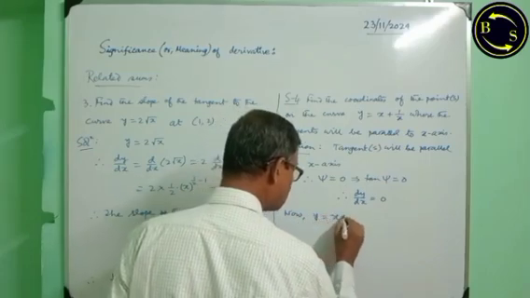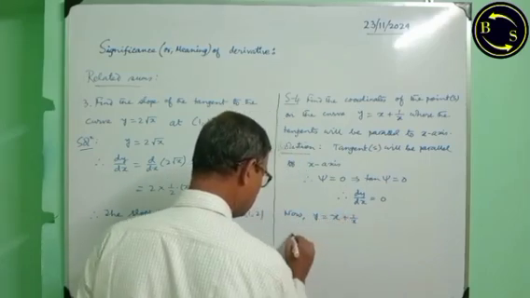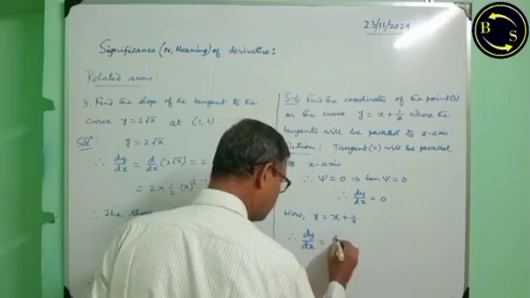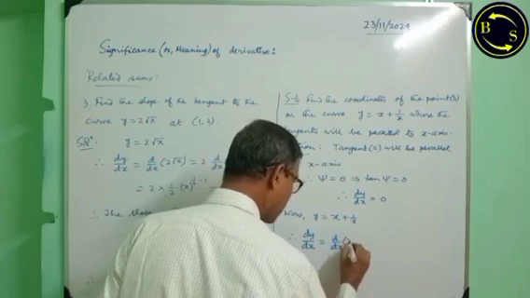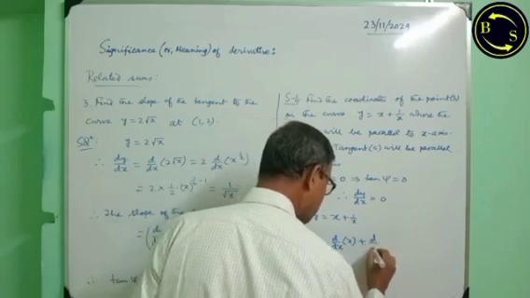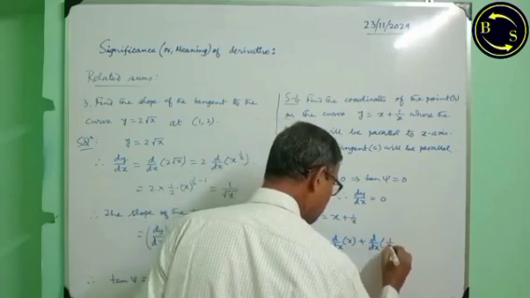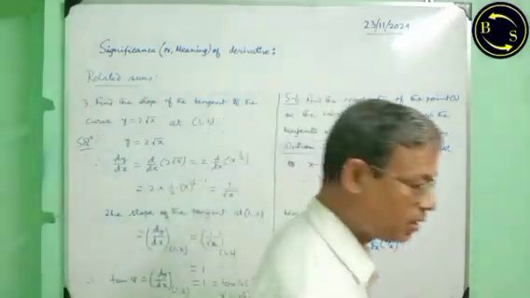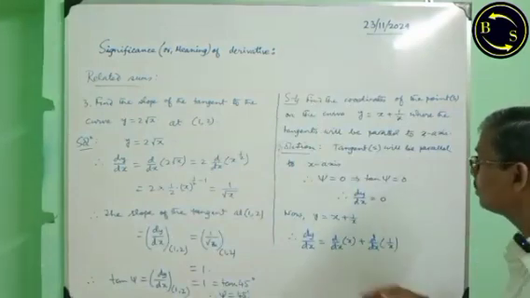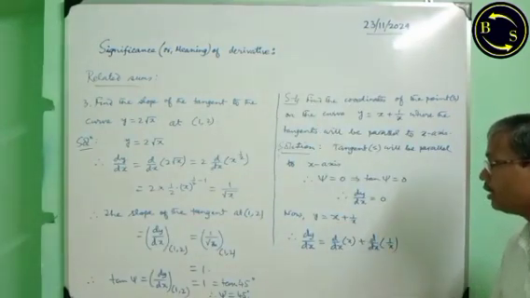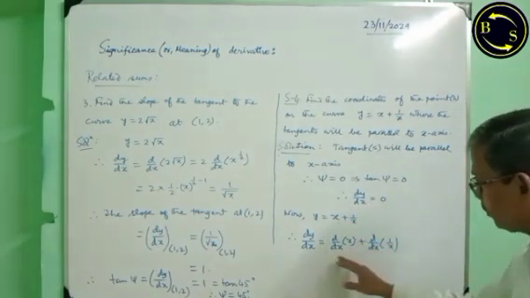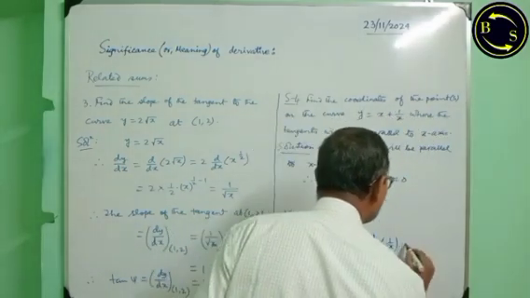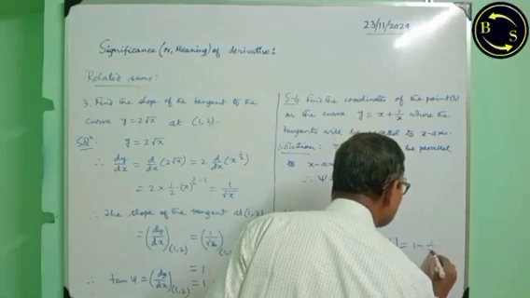Now, y is equal to x plus 1 by x. Therefore, dy/dx is equal to d/dx of x plus d/dx of 1 by x. We can skip the steps like this. I have not written d/dx of whole. I have applied this one. Next step, that is 1 minus 1 by x square.